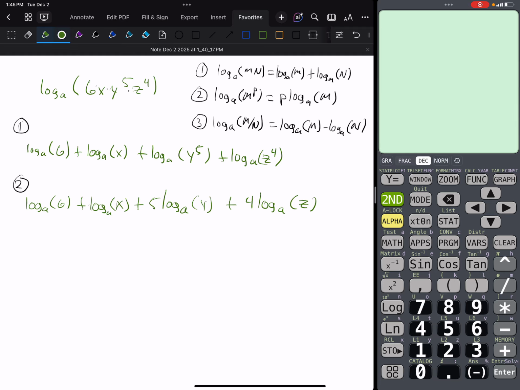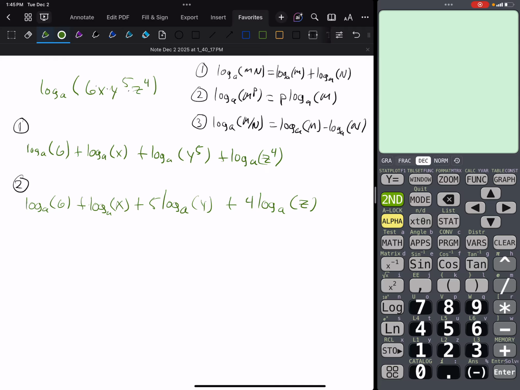And what this is really saying is now I just have 4 copies of log base a of z added together, and 5 copies of log base a of y added together. And so that's why I'm saying let's pull those coefficients out so we can see these as just sums of logs of values rather than values raised to exponents.